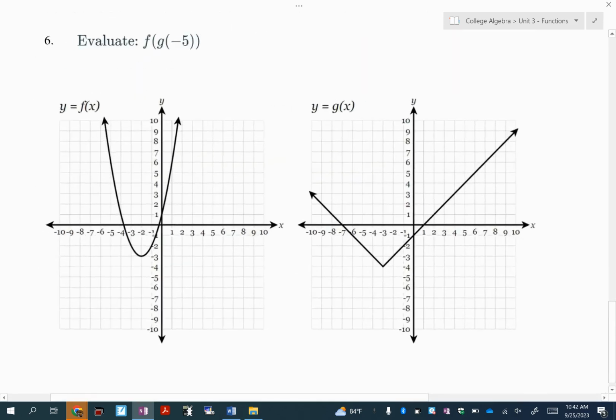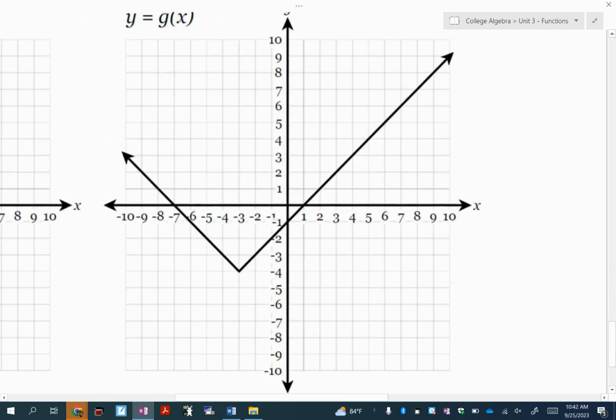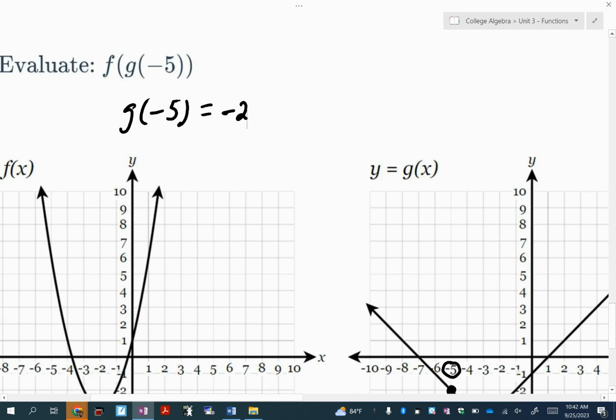Let's do the next one. All right, so the next one says f of g of -5. So I'm going to ignore the outside and just do g of -5. So go to g. Here's -5. My function is right there, which is -5, -2. So that is equal to -2. So in my brain, I undo that, erase that. So now I want to do f of g of -5, which is the same as f of -2.